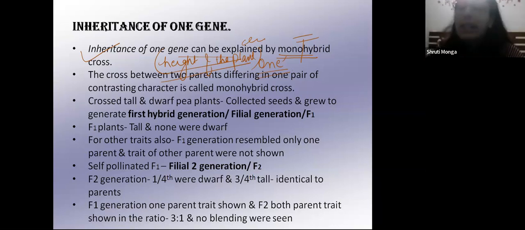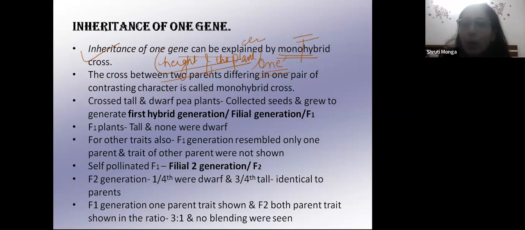So the basic outline of his experiment was that he used to make a cross between the plants. When the plants were crossed with each other, a new generation came up. He used to study that new generation, and on the basis of that, he gave conclusions.